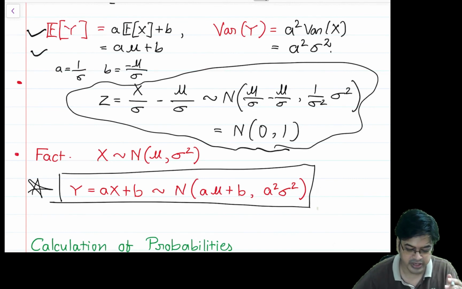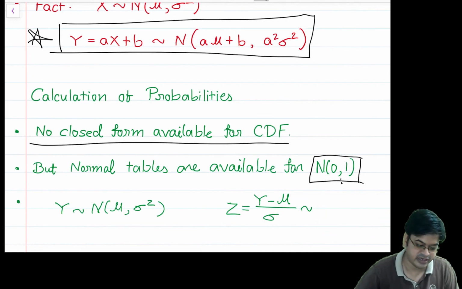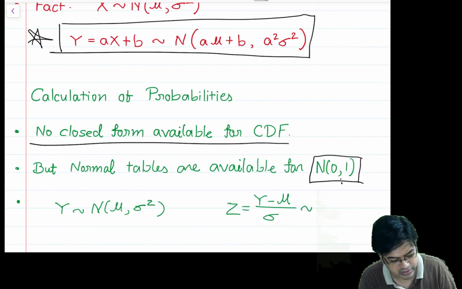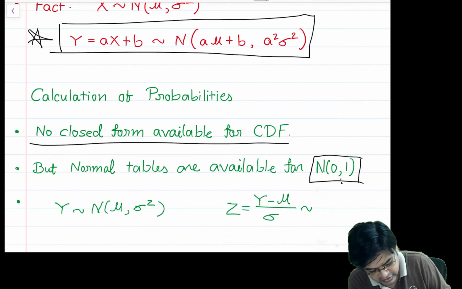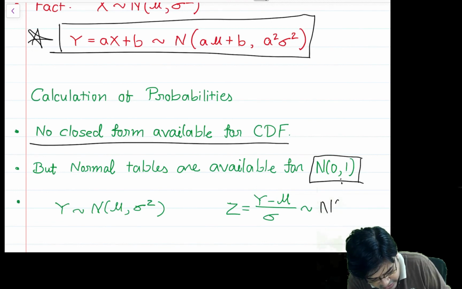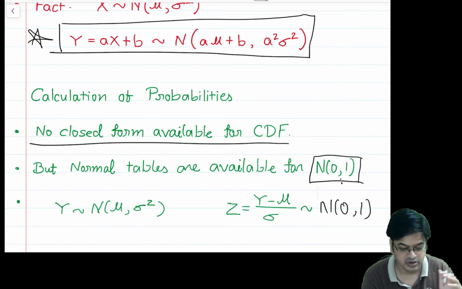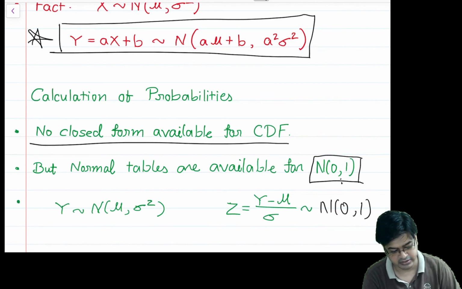So we can calculate the probabilities using the table. Right now what I have shown you is, if y follows normal mu sigma square, then y by sigma minus mu by sigma will follow normal 0 1. Based on this result, it suffices to have normal tables only for the standard normal random variable.